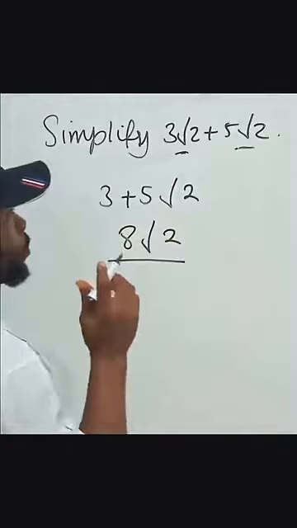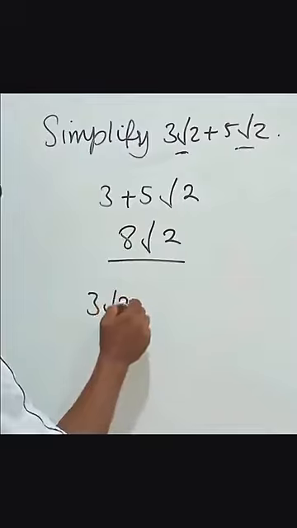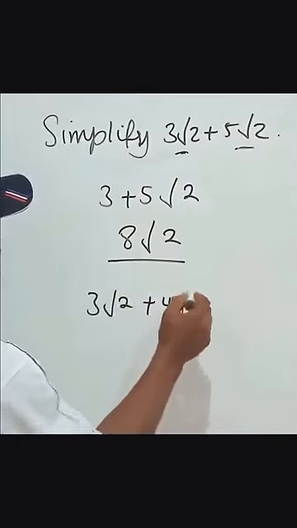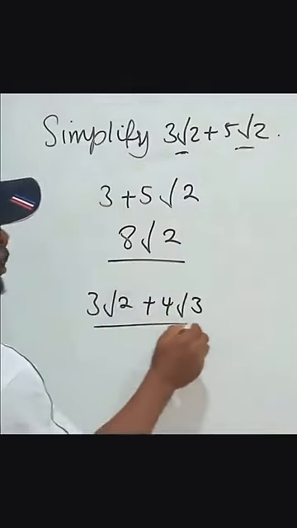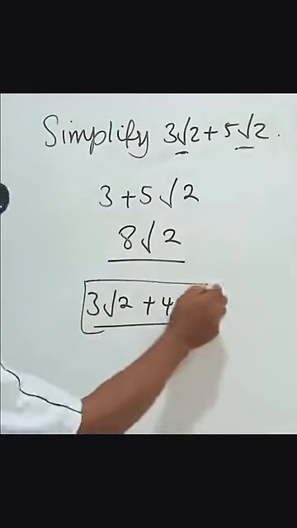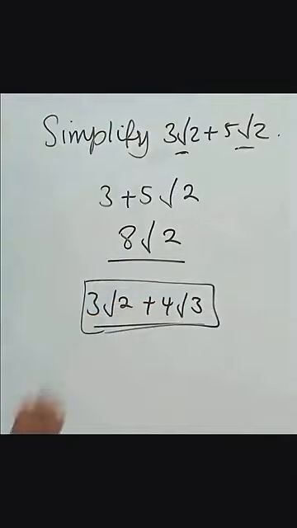If you have something like 3 root 2 plus 4 root 3, you cannot add these two surds together because they are unlike surds. They don't have a common root, so you can't add them together. 3 root 2 plus 4 root 3 stays as 3 root 2 plus 4 root 3.